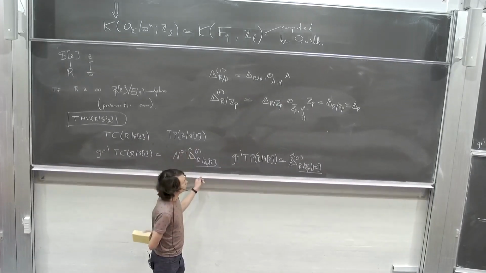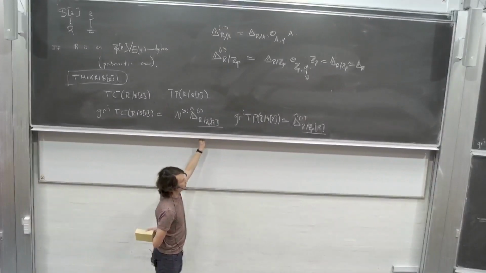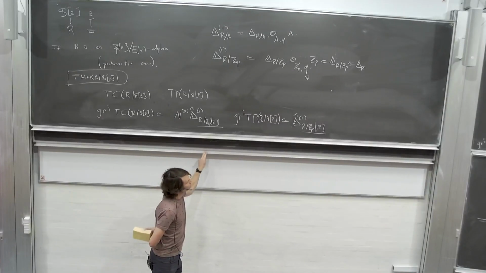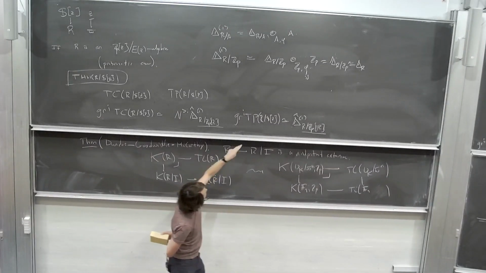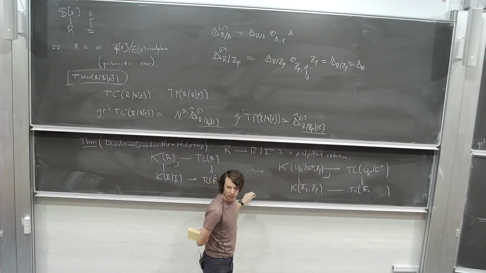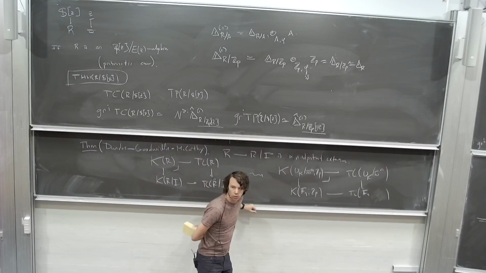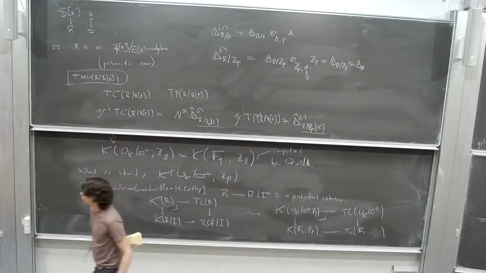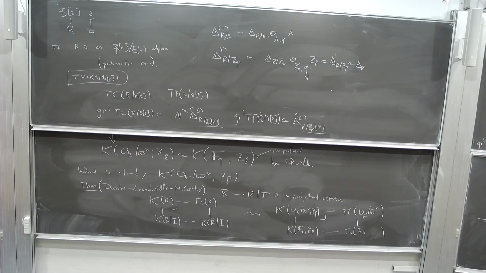Yeah, right. I think under some mild hypotheses, there will be a filtration on this TP, even in the non-prismatic case, where the associated graded is something related to this relative delta theoretic prismatic cohomology.